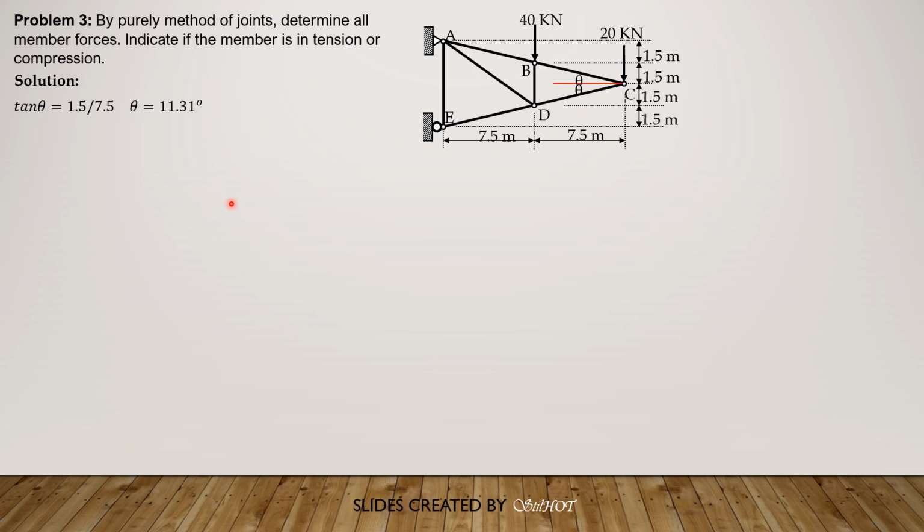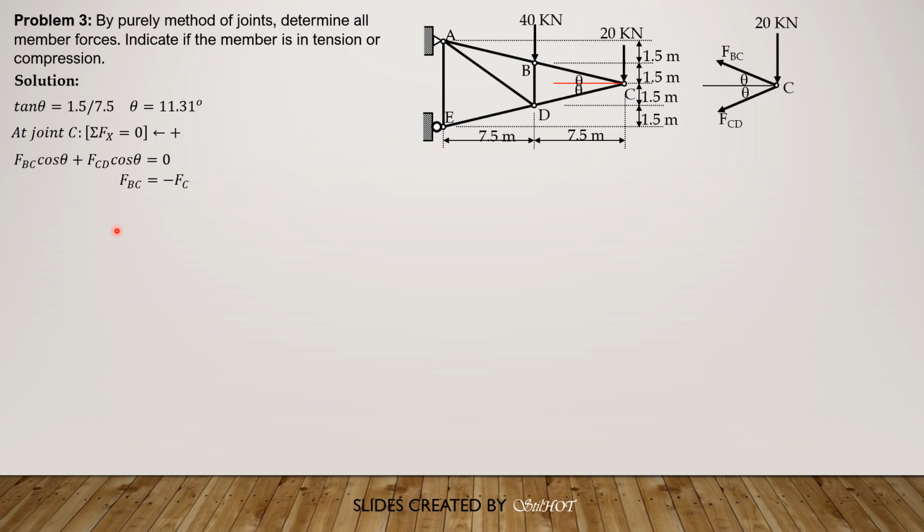So at joint C, first we sum up forces horizontal, then to relate FDC with FCD. So let's consider leftward as positive. So both are leftward. So FDC cosine of theta plus FCD cosine of theta equals 0. Therefore, we can cancel cosine theta and write FDC equals negative of FCD.